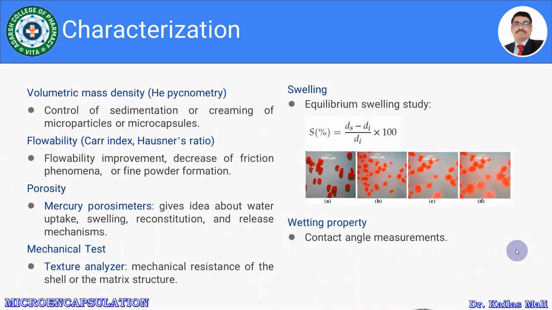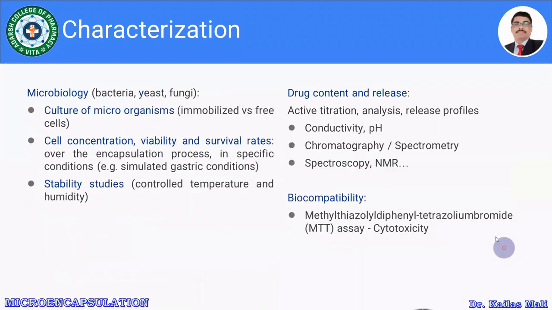So let us see the remaining evaluation parameters, that is microbiology, drug content and release, and biocompatibility. In the case of microbiology, that is related to the bacteria, yeast or fungi.